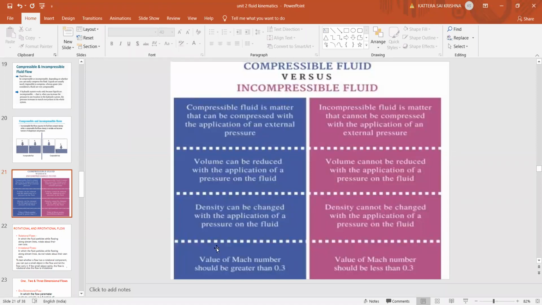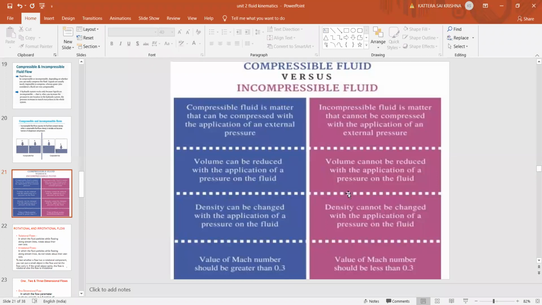It is nothing but just the ratio of the velocities of the fluid flow and of sound in that fluid. So it is just a number, the Mach number.